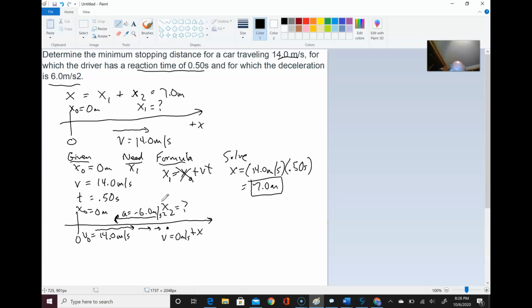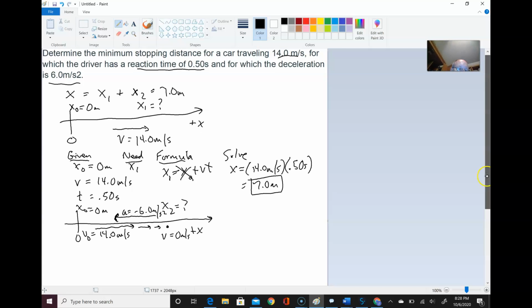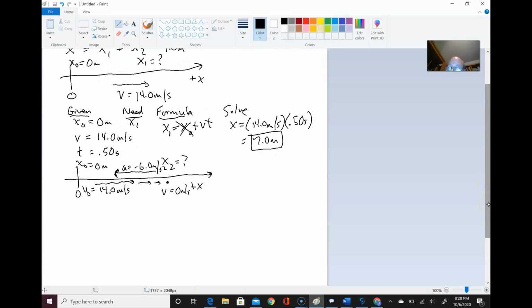Okay, so now I've got all of those values. I don't know how much time this is going to take, but I can write all my given values down. Given x0 equals 0 meters. X equals question mark. I don't know. I don't need that.